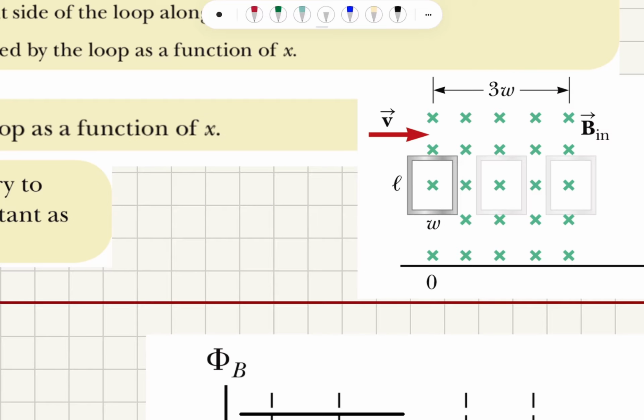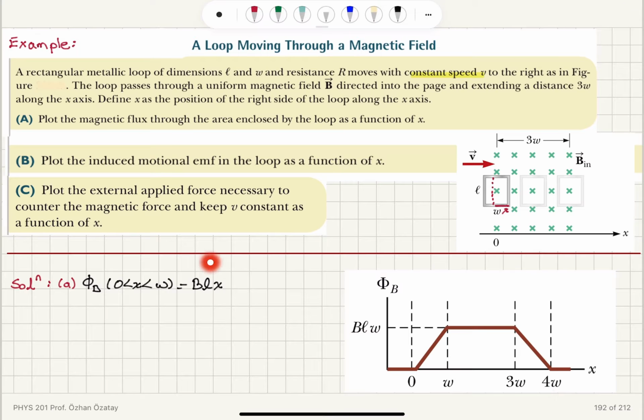When we have this loop into this area by an amount x, so let's call this distance x here, that's inside the magnetic field, and therefore the magnetic flux in this region will be Lx, the area, multiplied by the magnetic field, BLx.